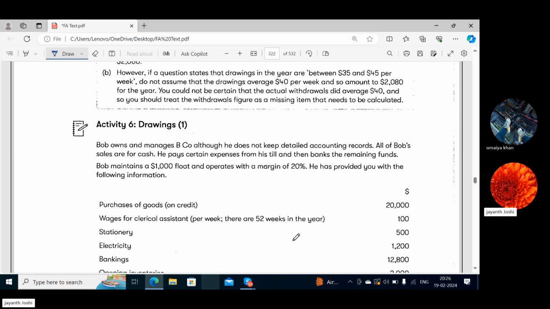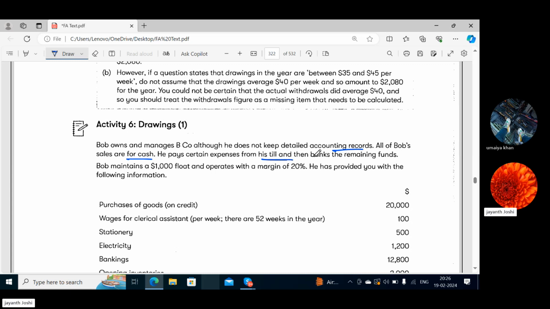So now we have to do this activity. Bob owns and manages B company, although he does not keep detailed account records. So definitely, that's the reason we are understanding it as an incomplete record. All of Bob's sales are for cash. He pays certain expenses from his till.